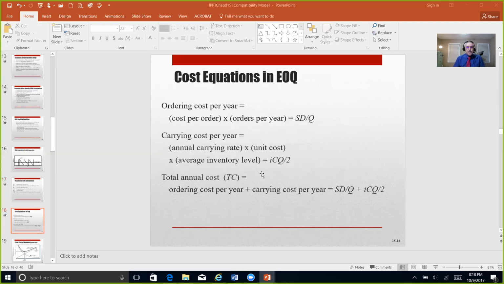Then you have the carrying cost per year, which is the annual carrying rate times the unit cost times the average inventory level, and you see the algebraic notation there of lowercase i C times Q divided by 2. Then we have the total annual cost, TC, which is the ordering cost plus the carrying cost, the combination of those two algebraic equations.